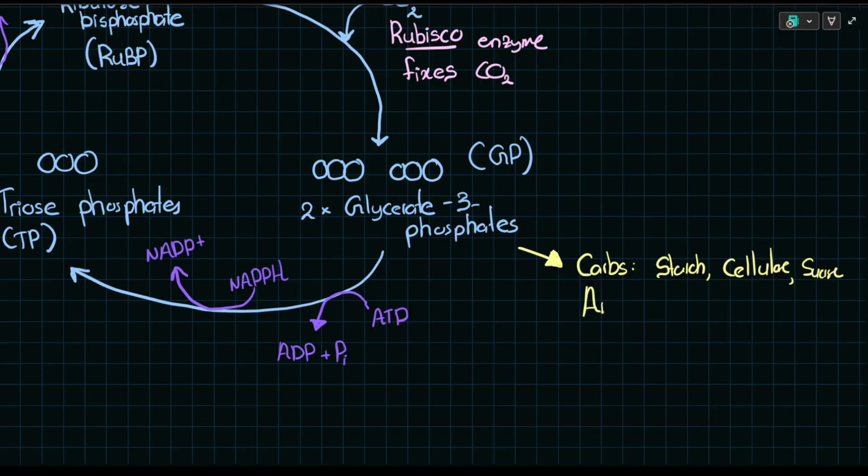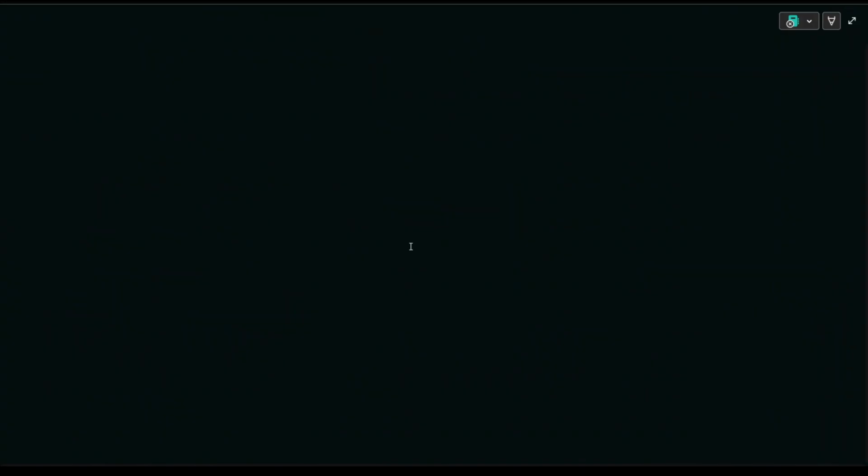And that glycerate phosphate can also be converted into amino acids and also lipids. This glycerate phosphate, GP, is the most used intermediate, and that is used to produce carbohydrates, amino acids, and even lipids.